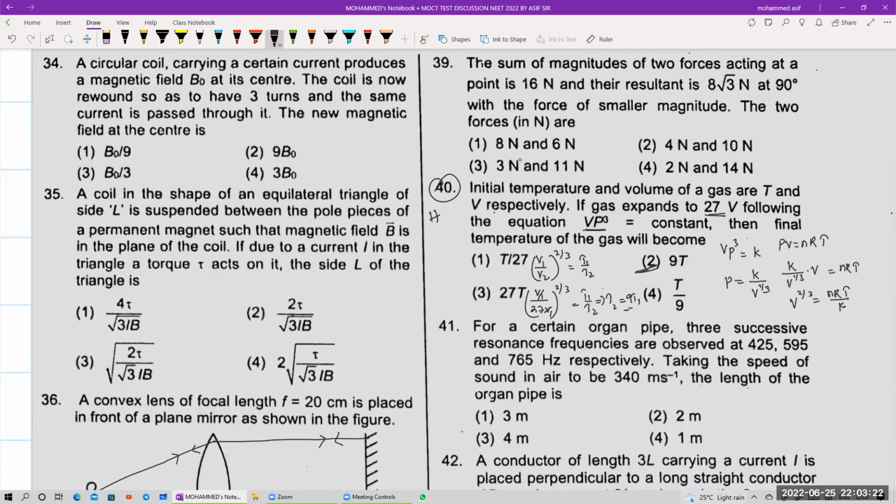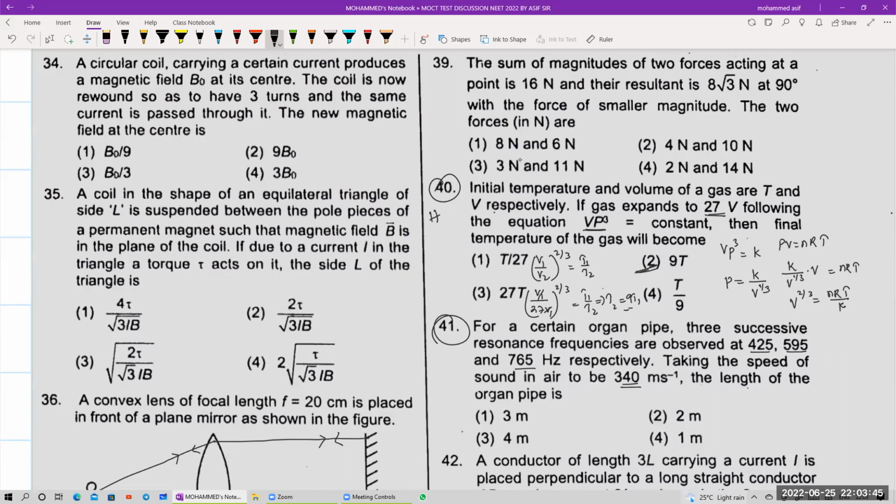Second option. Next one. For a certain organ pipe, 3 successive resonant frequencies are observed at 425, 595, 765 Hz respectively. Taking the speed of sound in air to be 340 meter per second, the length of your organ pipe will be equal to how much? So frequencies are in the odd number ratio beta because the pipe is a closed organ pipe.